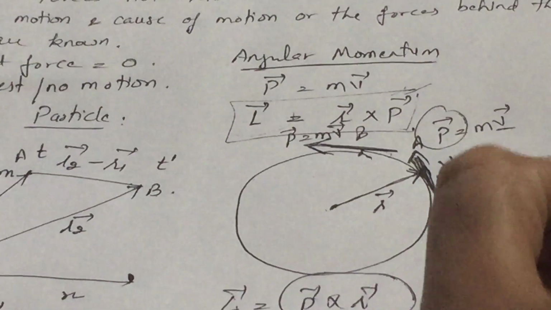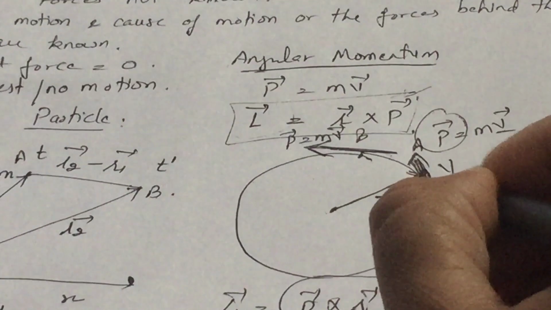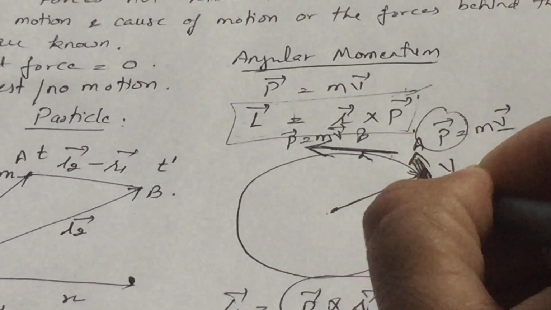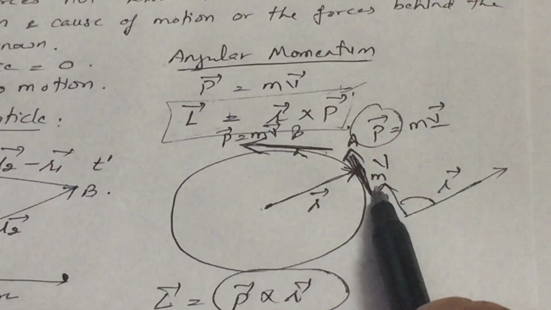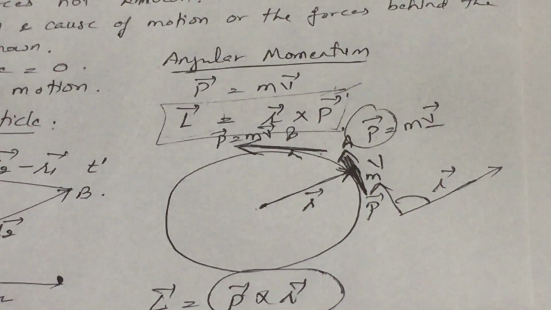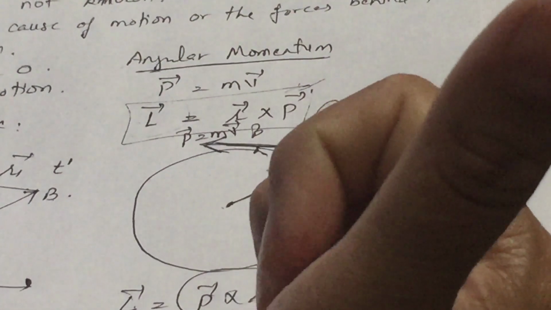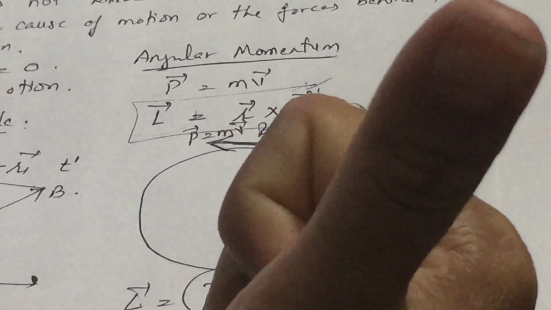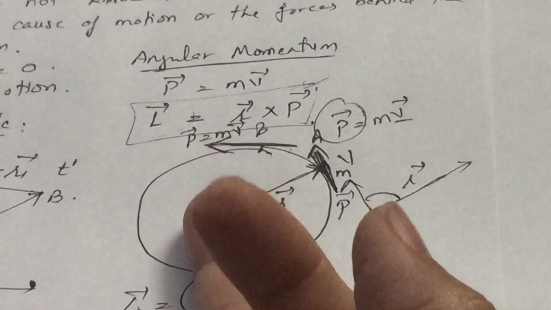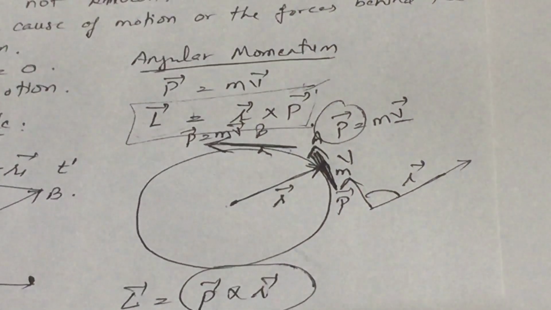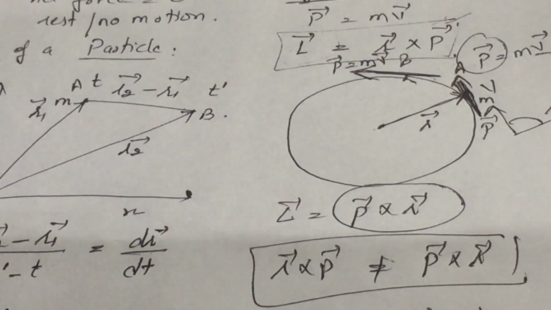Then we can curl our fingers from R to P, that will be in the anti-clockwise direction, and the thumb will be in the outward direction. It means in our case the angular momentum is coming out of the plane of the page. This is the direction of angular momentum.